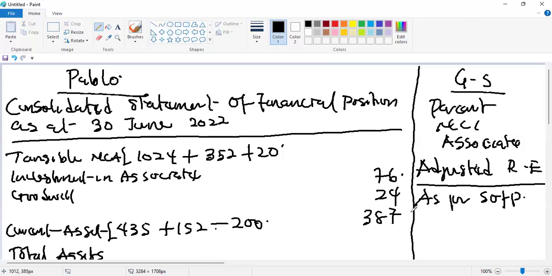Then tangible non-current assets 1024 plus 352 plus 20, 1396. Correct, 1883.